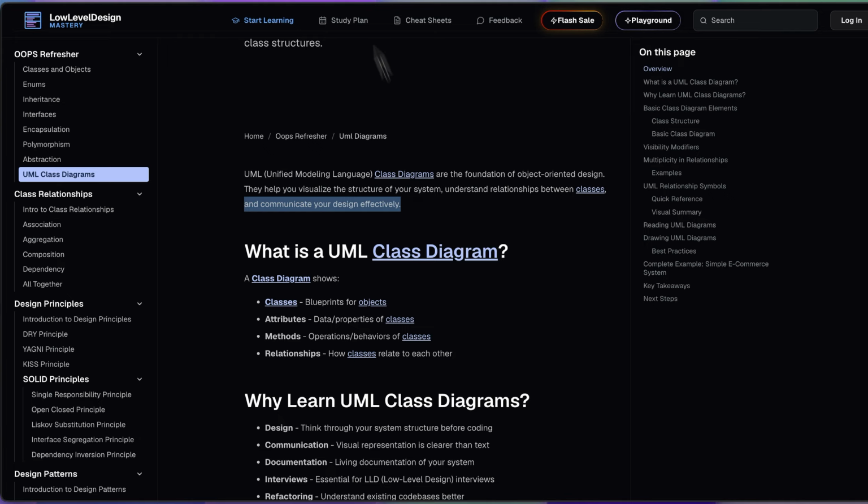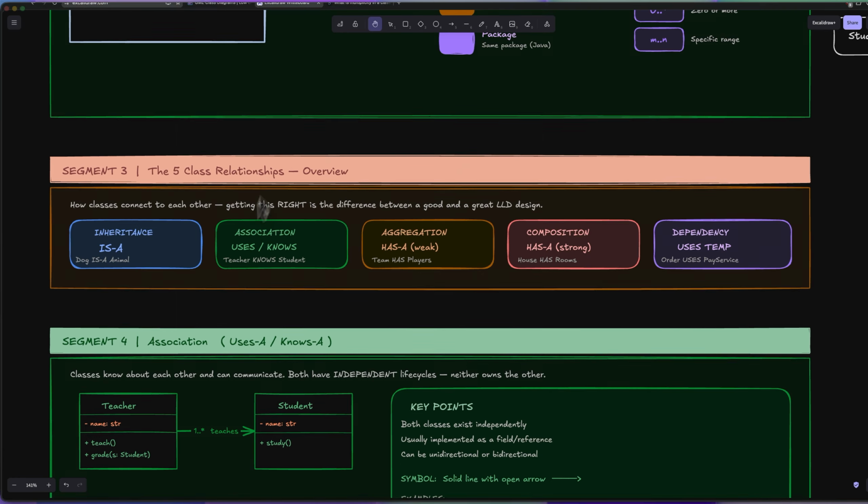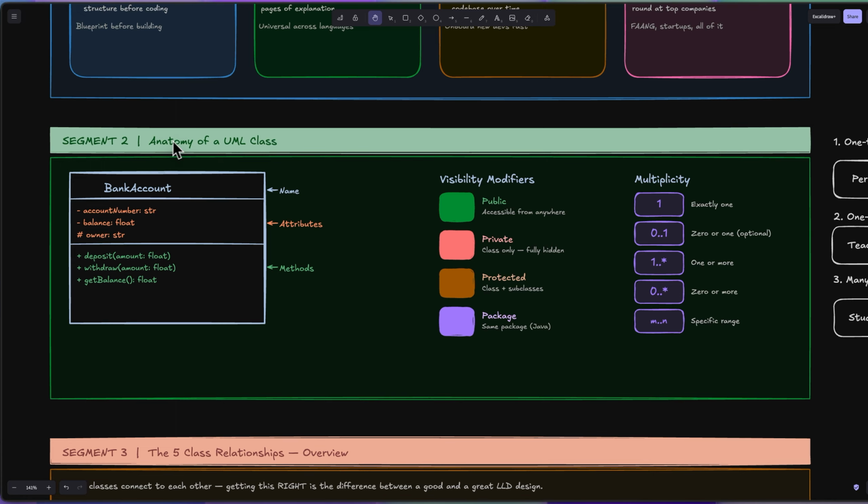So if we see this visual that we have here, this is kind of an anatomy of a UML class, right? So at the top you have the class name. In this example, bank account is the class name, and the second portion is the attributes. So you'll define the attributes, for example, for class bank account: number, balance, float, right?